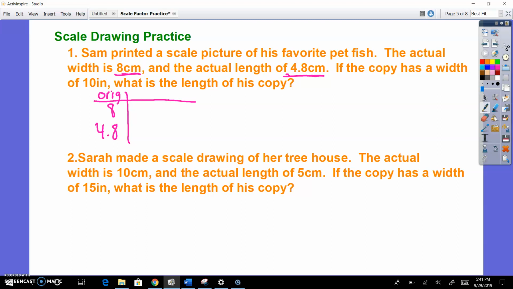If the copy has a width of 10, and 8 was the width, what is the length? So we're looking for this.